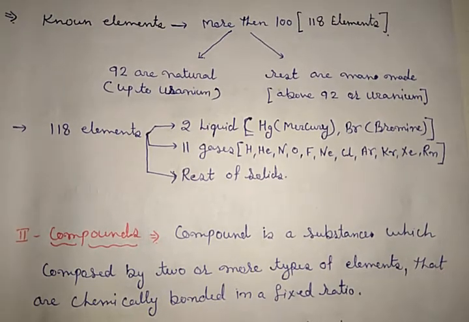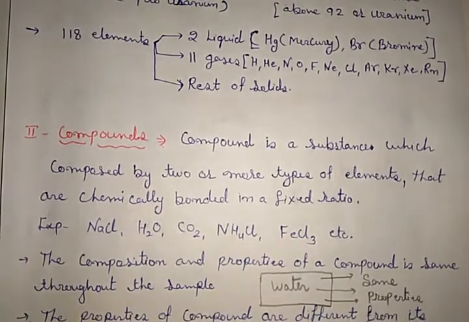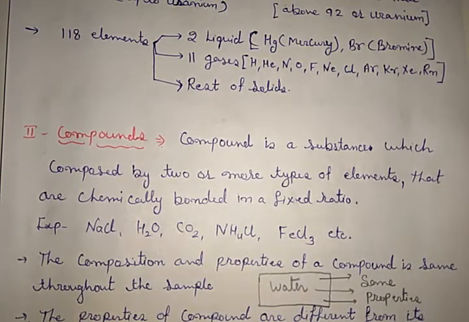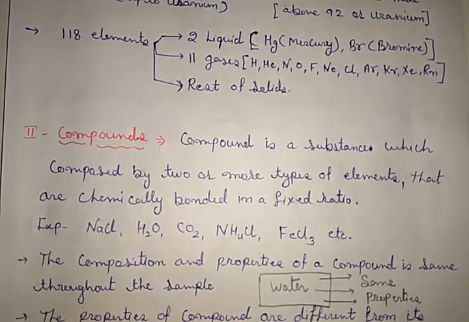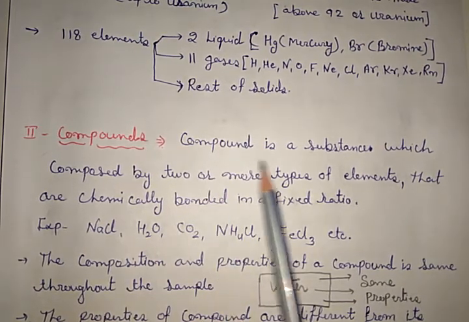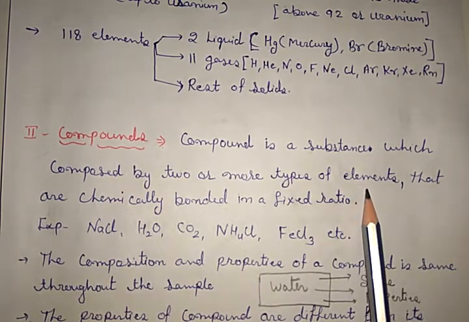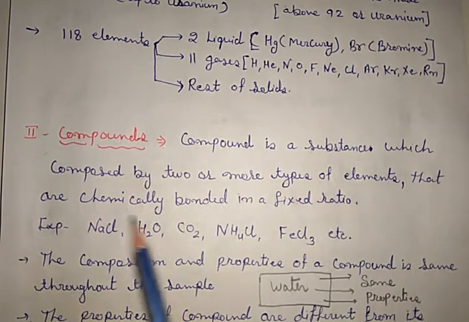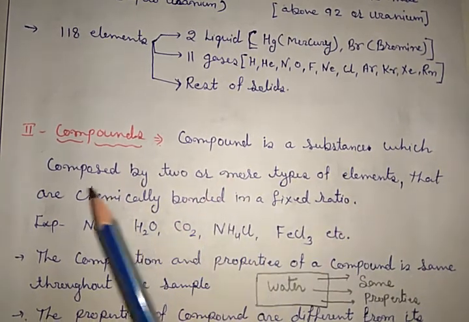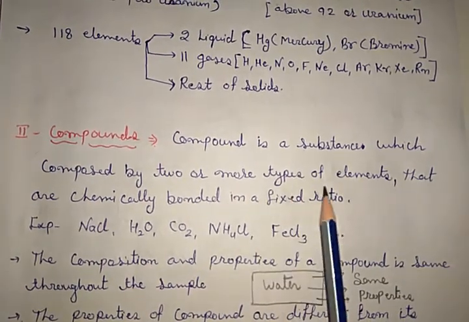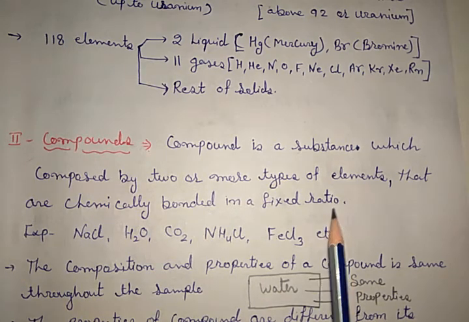Okay. Now, let me move to the second type of pure substance, which is compound. As we consider its definition, we can say that a compound is a substance which is composed of two or more types of elements that are chemically bonded in a fixed ratio.